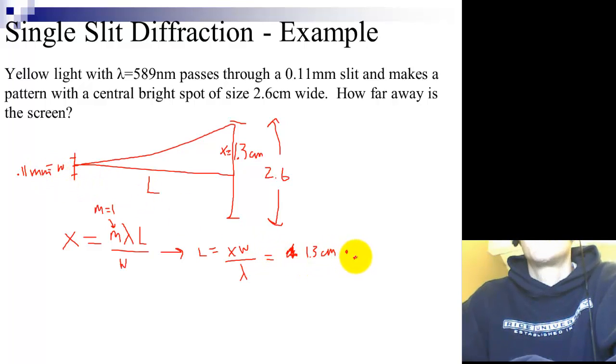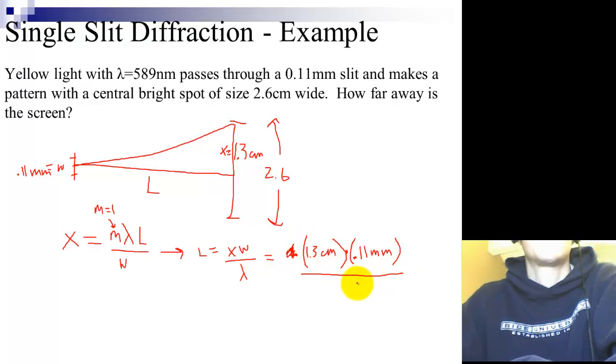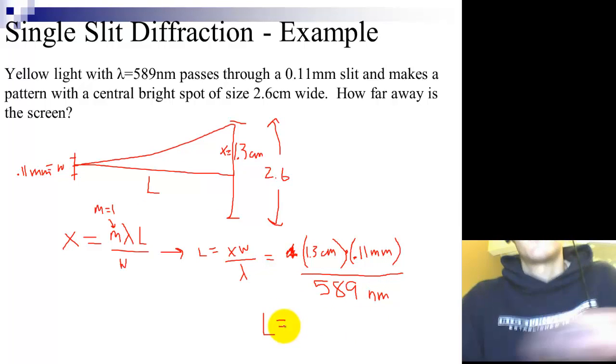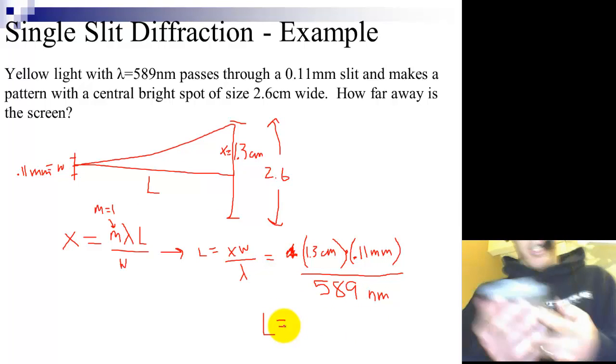So 0.11 millimeters. Maybe I'll go like this so it's clear. And the wavelength here is 589 nanometers. So how far away is the screen? L equals. So we're going to have to do some unit conversions here.